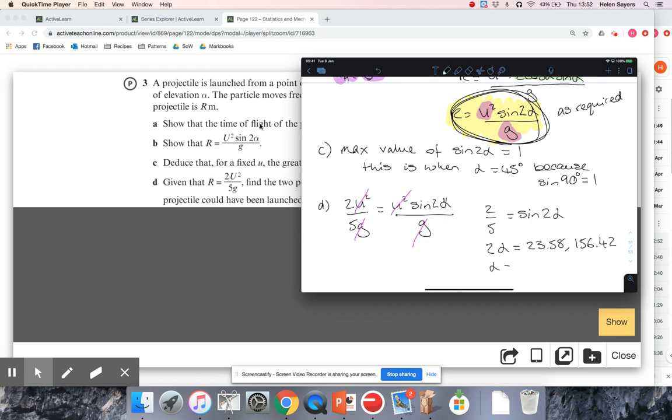So alpha, I'm just going to halve each of those. So that becomes 78.2 degrees, and 23.58 divided by 2 is 11.8 degrees. So really, like I said, just a relatively simple solving trig equation for part D.